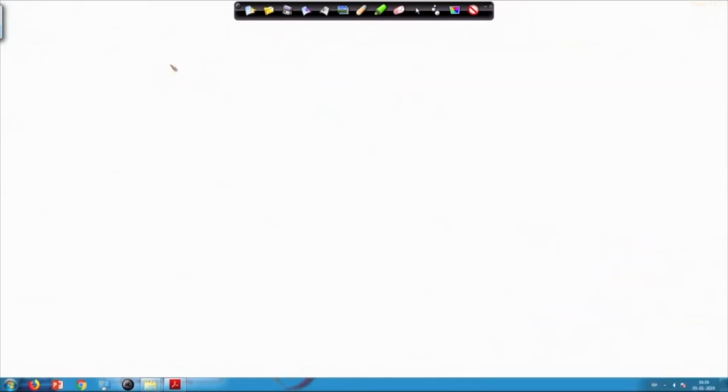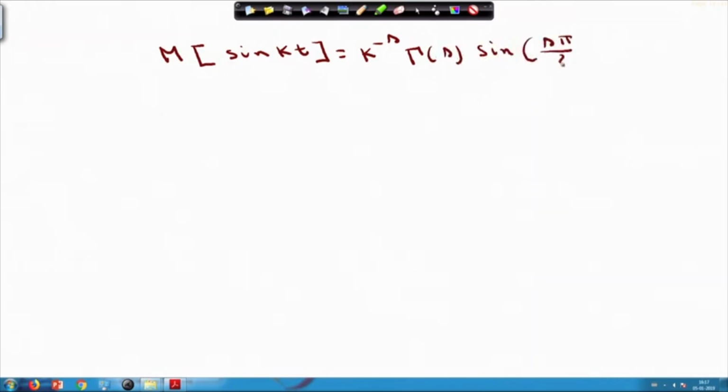You know these things already; we have done it. The Mellin transform of sin k t equals k to the power minus s gamma s into sin of s pi by 2. We have proved this earlier.